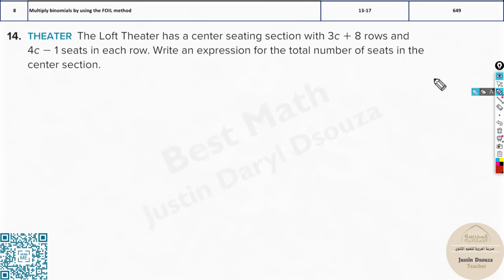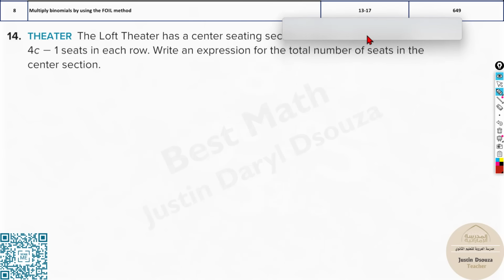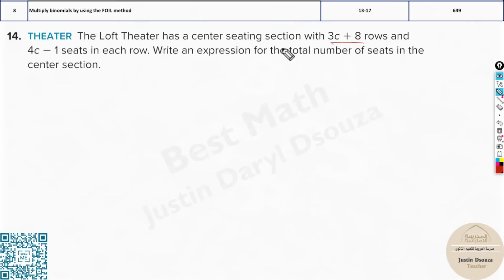Let's solve these problems as well. Here again, they have told the theater seating. They have told so many rows and these many seats in each row. Now seating section with so many numbers of rows. These are the total number of rows here, and they have told the number of seats in each row.